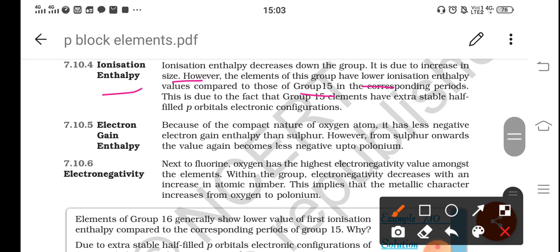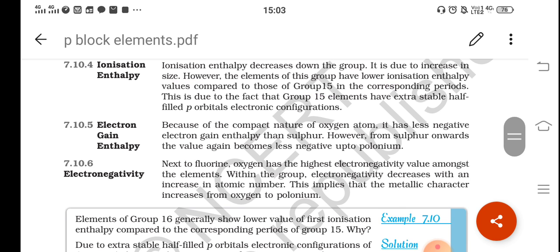The nuclear charge of group 16 is higher, so it should have high ionization enthalpy, but it has a lower one. The reason is that group 15 has a stable configuration with half-filled p orbitals, and group 16 has an incomplete one. So group 16 has slightly lower ionization enthalpy than group 15.